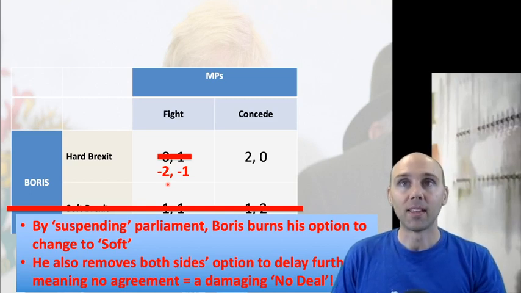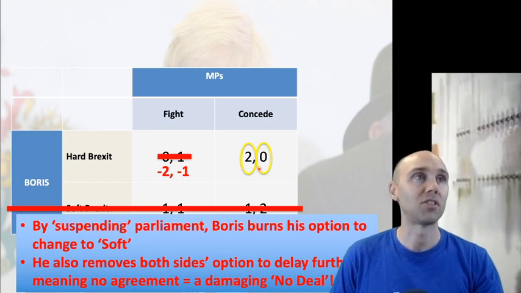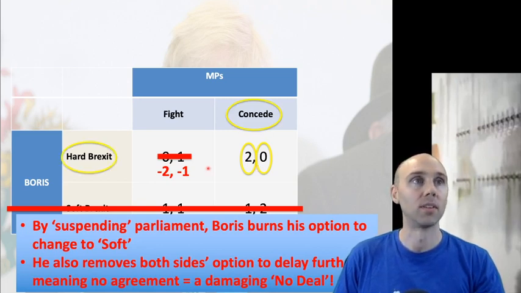Still, the point is he makes his opponent's payoff for fighting worse than his opponent's payoff for conceding, by ruling out one of his own options. Now the choice just sits with the MPs. They can fight and get -1, or concede and get 0, and we end up in basically one Nash equilibrium that is a better outcome than Boris could have dreamed about at the start. So hard Brexit wins the day.